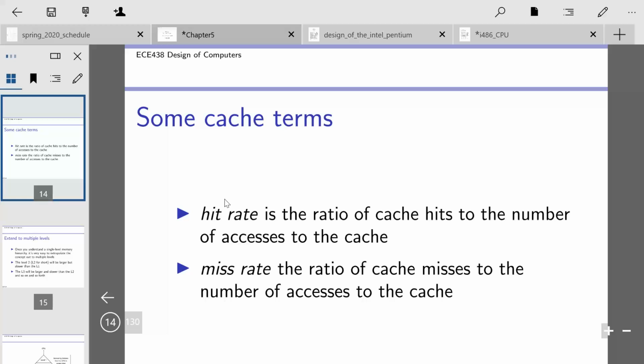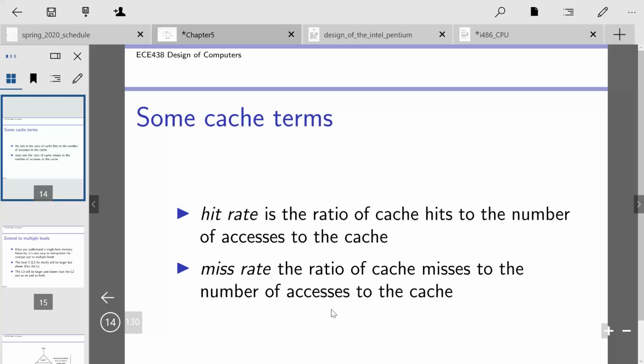Okay, the miss rate is just the mirror of that, and so in that example the miss rate would be 1 out of 10, or 10%. So it's the ratio of the cache misses to the number of accesses to the cache.